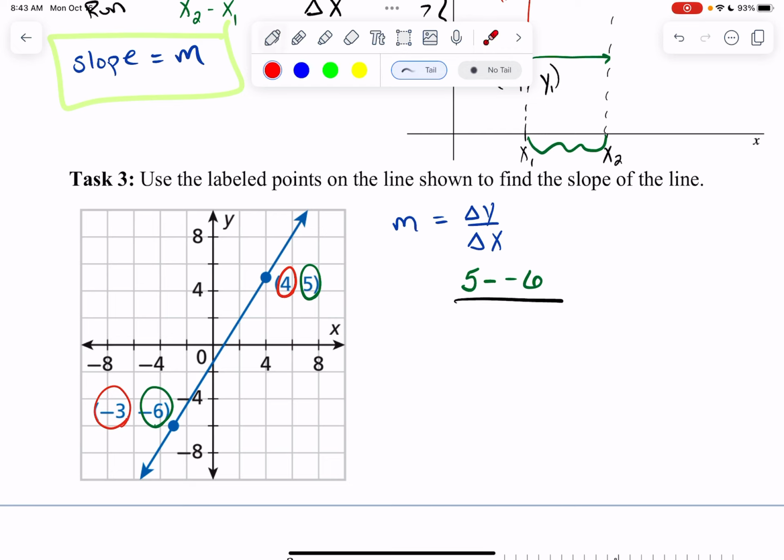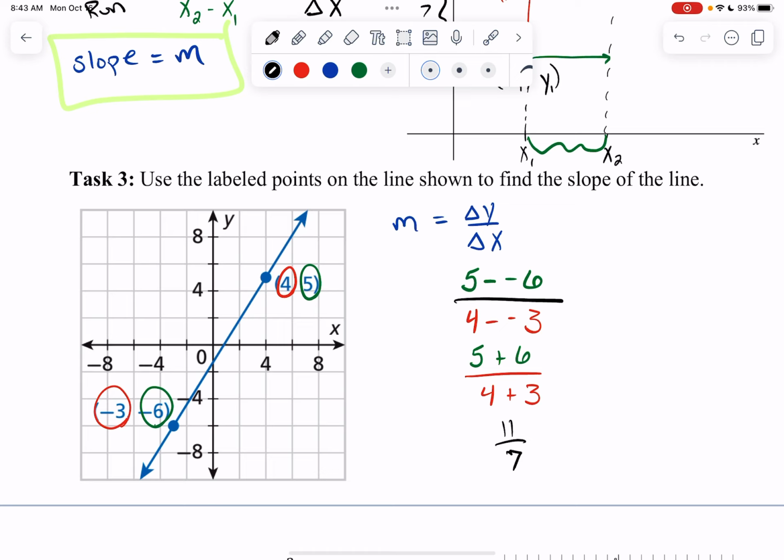So we'll go 4 minus a negative 3. If you have a hard time subtracting negatives, you can totally use a calculator. But 5 minus a negative 6 is the same as 5 plus the opposite of negative 6, which is 6. 4 minus a negative 3 is the same as 4 plus 3.